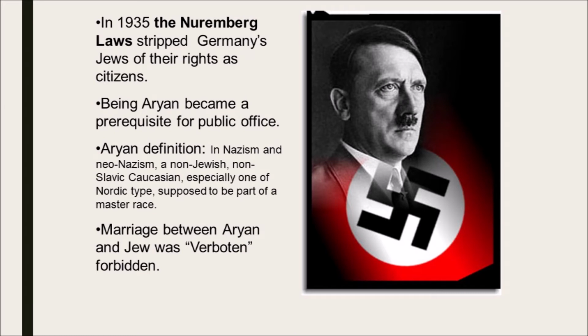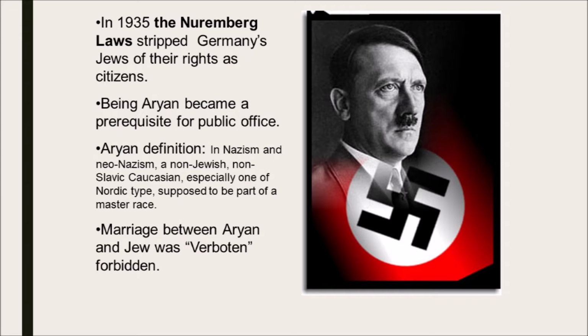1935. This is a time when something really big happens in Germany that shows things are not going to get better. In 1935, we have the Nuremberg laws passed, and this removed the German Jews of their rights as citizens. You have to be an Aryan to run for public office, to serve in public office, to vote.